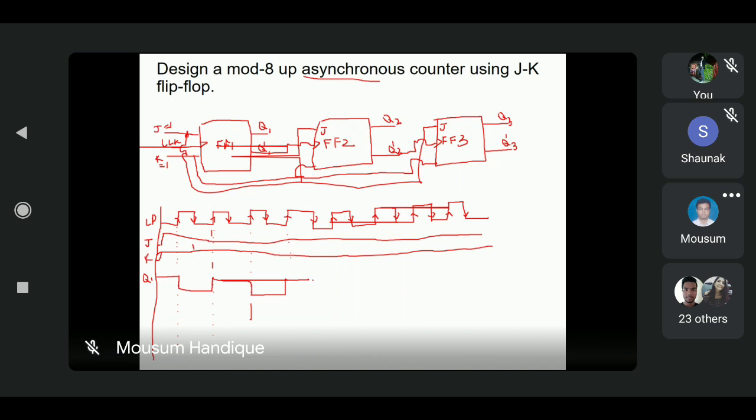Okay, just a minute. It is going this way, this one, this one.